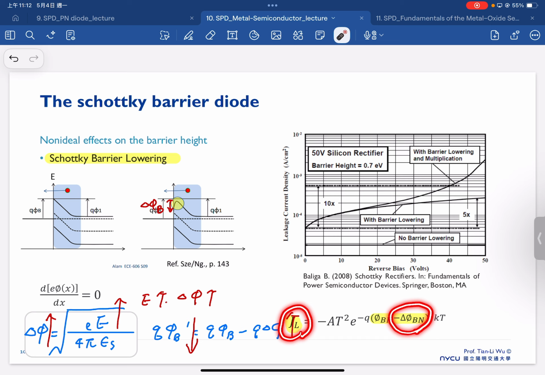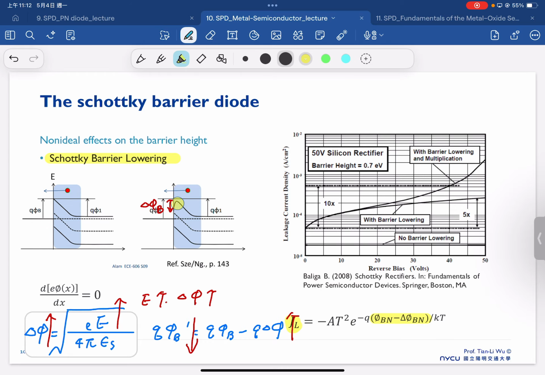Therefore, this graph shows the influence of the barrier lowering effect on the electric current. Again, if you look at the IV characteristic, ideally we have this curve, and then it reaches breakdown.